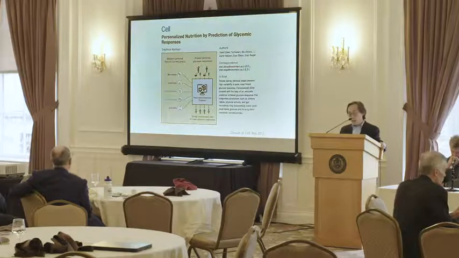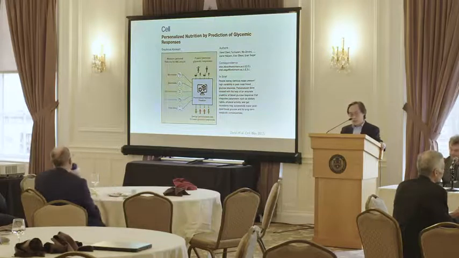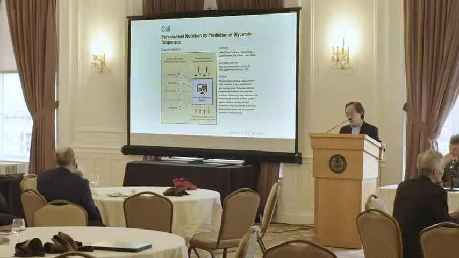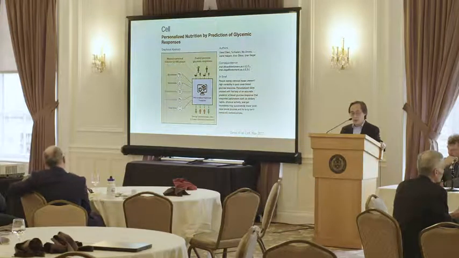So finally, of course, we need to translate those kinds of findings into clinical practice. And this is a very interesting study published a few years ago. Some of you may have seen this. This was done in the Israeli population, about 800 patients. The researchers collected a massive amount of data from those participants, including microbiome, blood tests, questionnaire data, anthropometrics, and food diary, and so on and so forth.